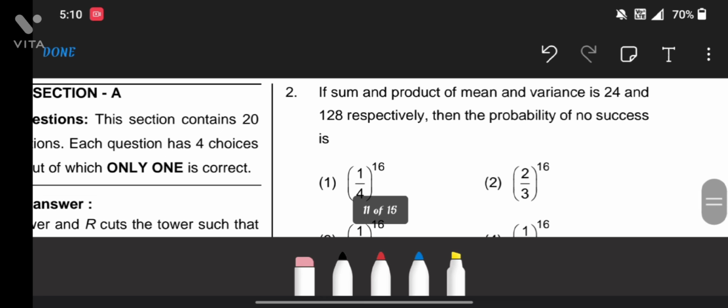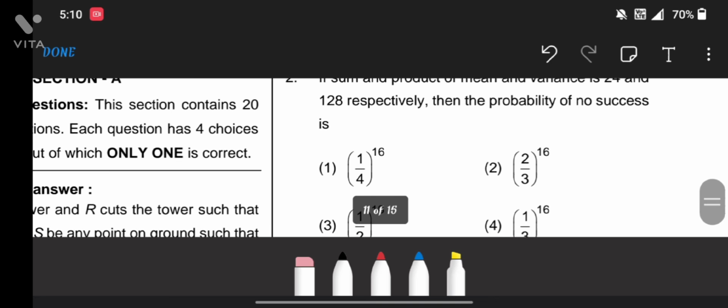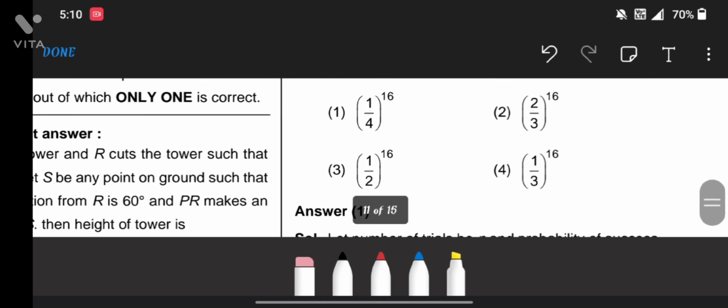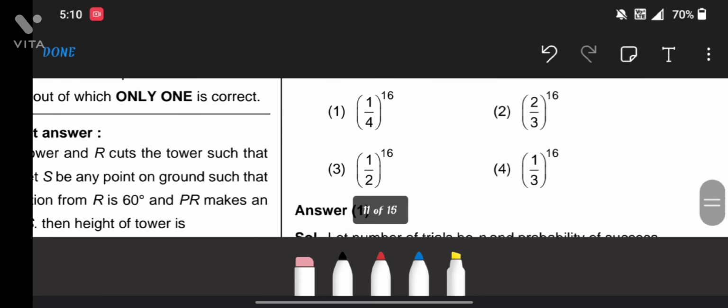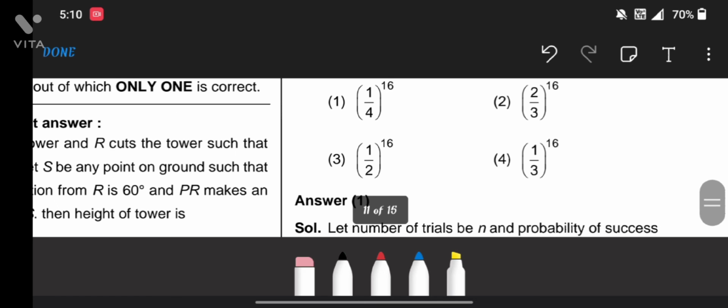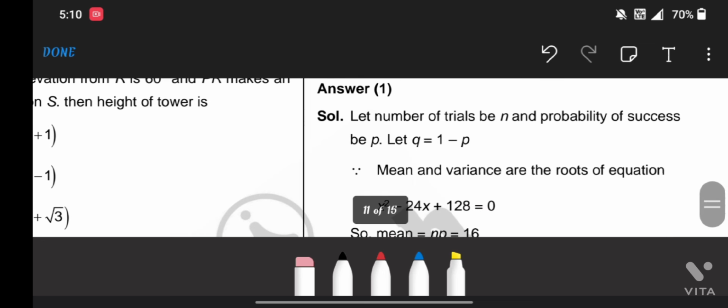So mean and variance are the roots of the equation x square minus 24x plus 128 is equal to 0. This is what we'll take. So np is equal to 16 we get. So variance npq will be equal to 8. Therefore p is equal to q is equal to 1 by 2 and n is equal to 32.